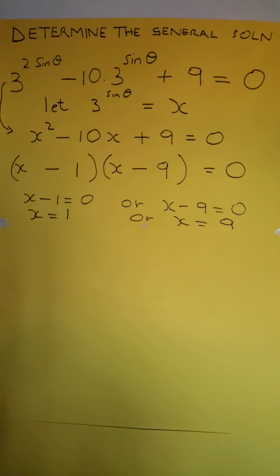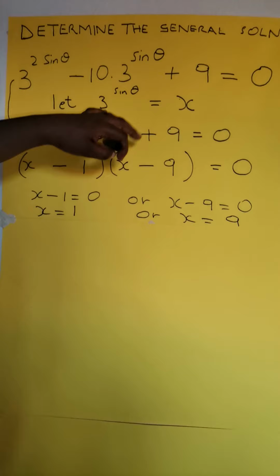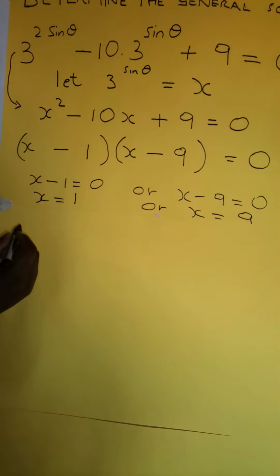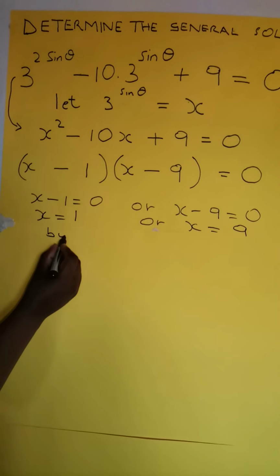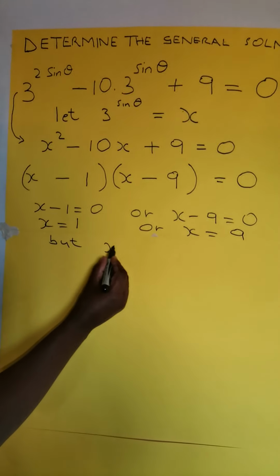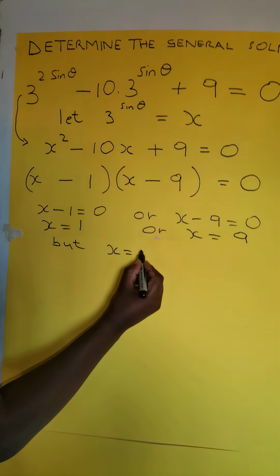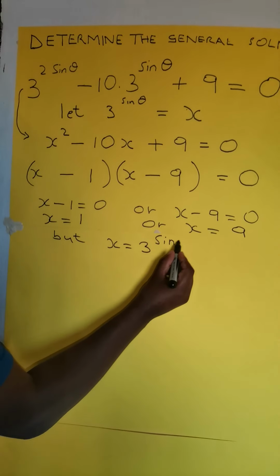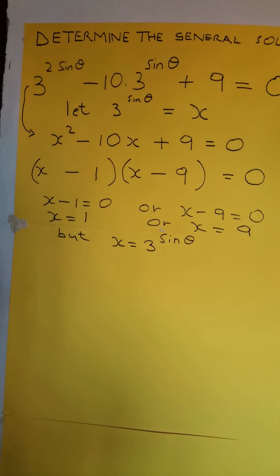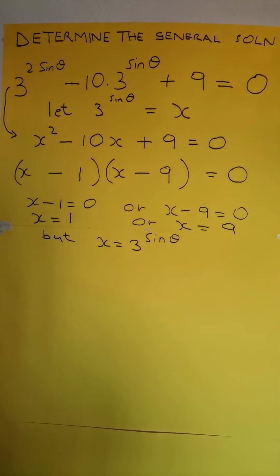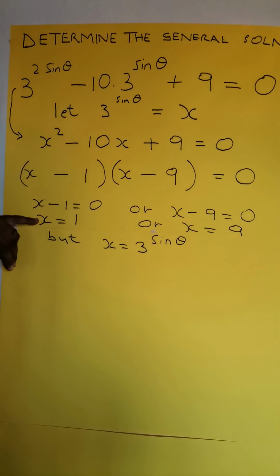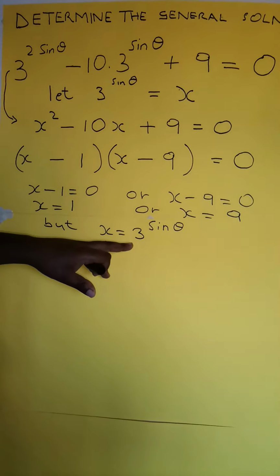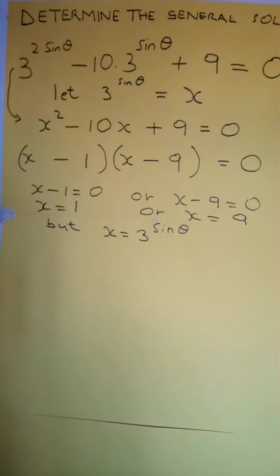And then we recall that x is equal to 3 to the power sine theta. You can actually say that. So x is equal to 3 to the power sine of theta, right? Okay, so that means on these x variables that we have here, we can substitute 3 to the power sine theta.